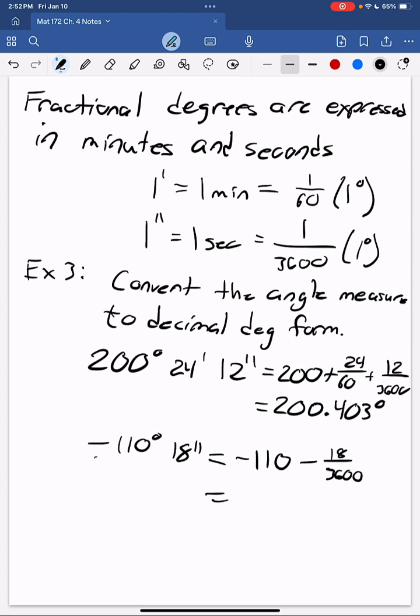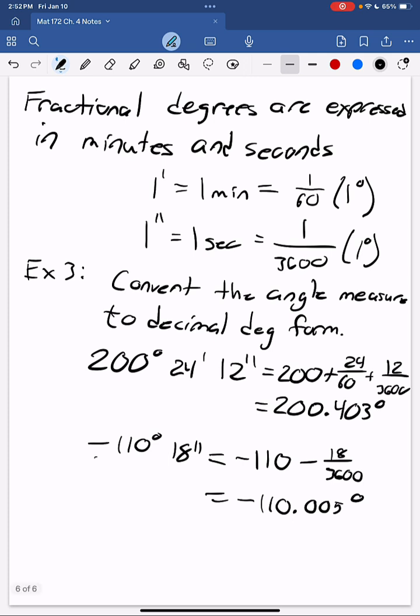Plug 18 over 3,600 in the calculator, and you get negative 110.005 degrees. And that is how you convert minutes and seconds into decimals for the degree form.